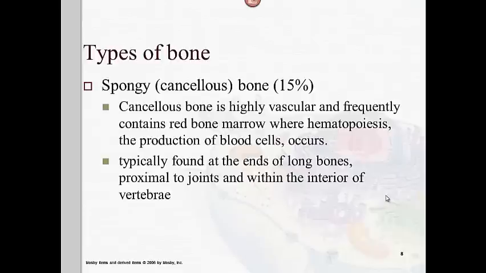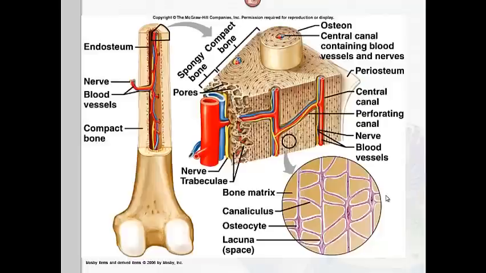Typically, it's found at the end of long bones, where these bones articulate, for example with the vertebra, with the pelvis, etc. This is just a picture of where the osteon is located, the central canal.